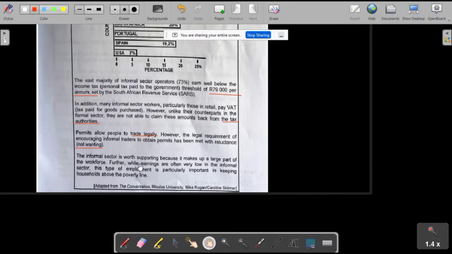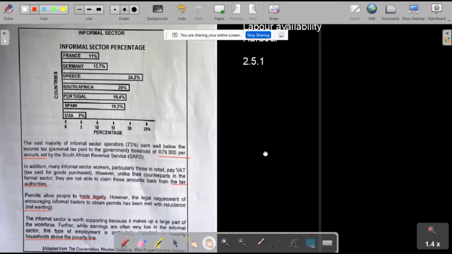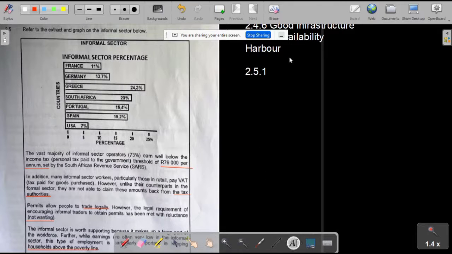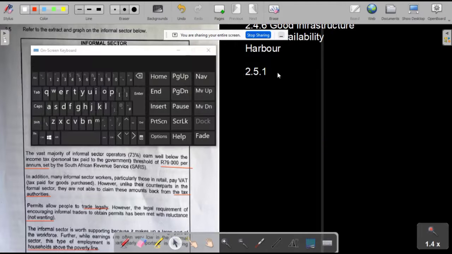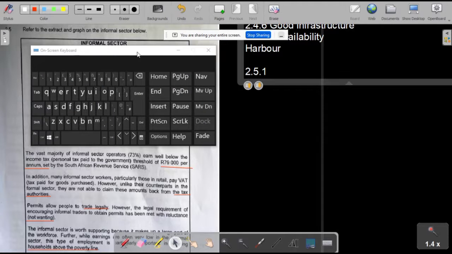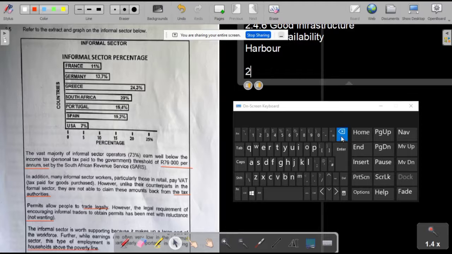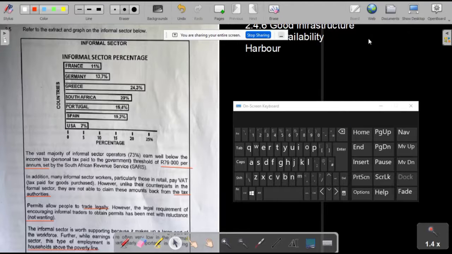While earnings are often low, this type of employment is particularly important in keeping households above the poverty line. We have been criticizing the informal sector for too long. It's time that we appreciate what they're doing, which is reducing poverty.